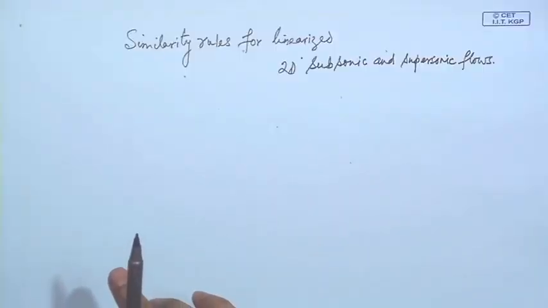So, in our earlier lecture we discussed the similarity rules for linearized 2D subsonic and supersonic flows. We had an arbitrary A, and for various choices of A we got different rules.